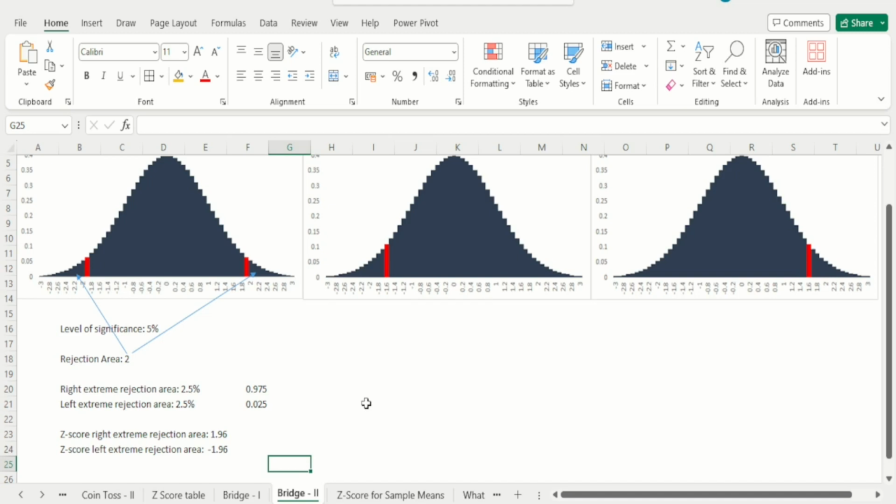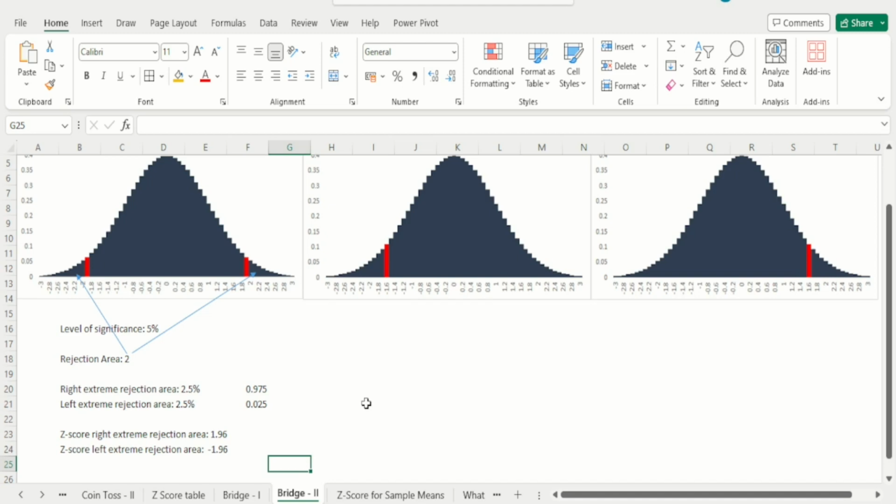Then you can say, yeah, our starting idea is probably not right. This sample is so extreme. It is so much to the left or so much to the right towards the end of the distribution that now we can reject that starting idea.